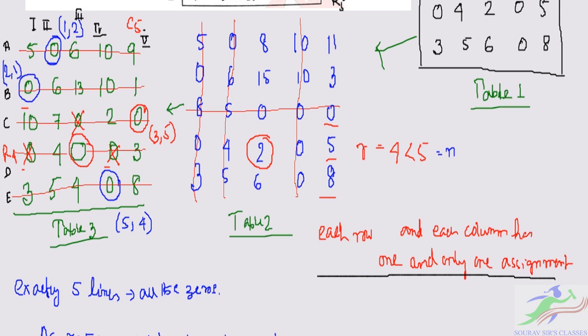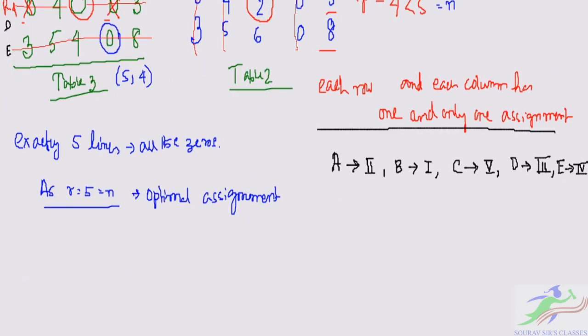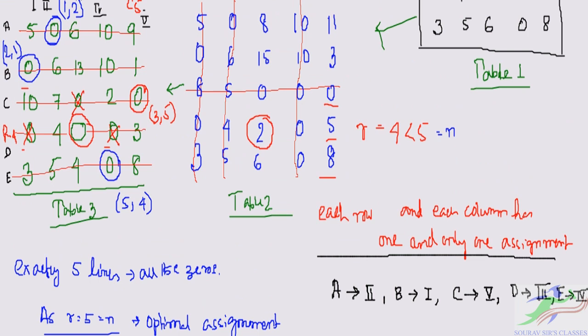So job A is assigned to employee 2, job B to employee 1, just follow the encircled zeros over there. Job C to employee 5, job D to employee 3, and finally job E to employee 4. Okay, that is the optimal assignment. From the encircled zeros you can easily identify it.